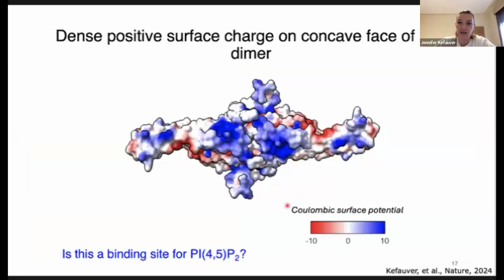Okay, so those were our signs of sterol, but what about PIP2, a lipid that's known to be important for eisosome assembly and function? Well, first, Pil1, like many BAR domain proteins, has these patches of dense positive surface charge on the concave face of the banana where it would bind the membrane. And these, of course, would be ideal sites for binding a negatively charged PIP2 head group.